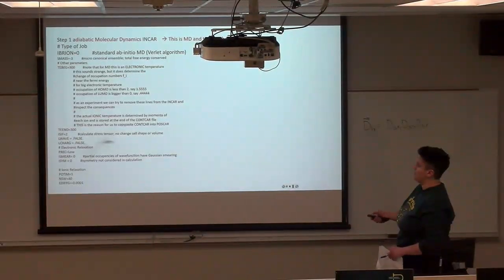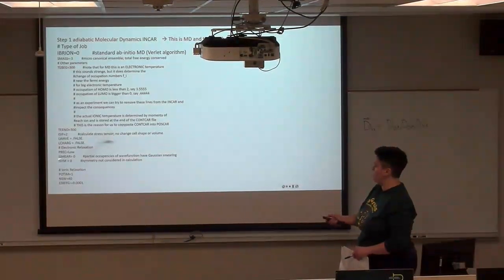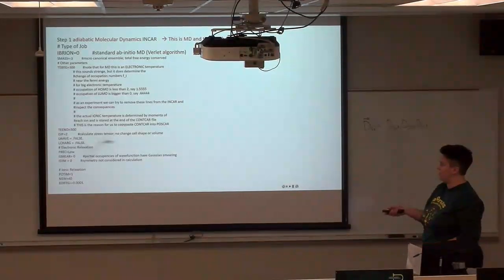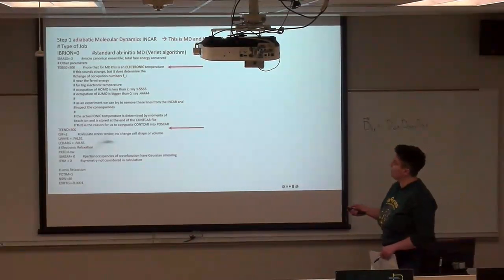So it's adiabatic, so it stays with our system, so we know it has this heating that it does throughout the run. And then we have other values that are pretty standard, pretty consistent throughout the runs, or what we've seen out of our INCARs. So these are the two that you want to pay attention to in this particular INCAR.